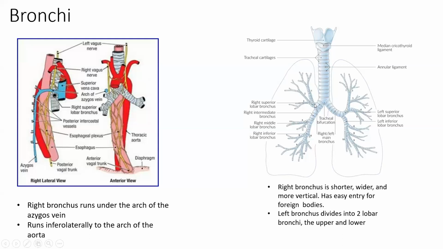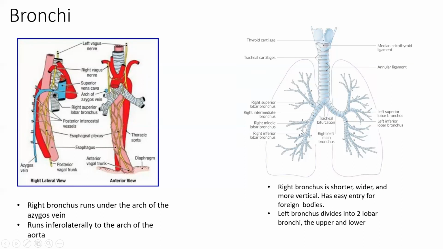The right bronchus is usually shorter, wider, and more vertical than the left main bronchus, and therefore more foreign bodies that enter through the trachea are lodged in this right bronchus. It is divided into three lobar, or secondary, bronchi: superior, middle, and inferior.